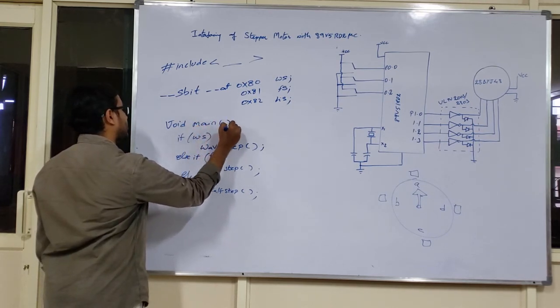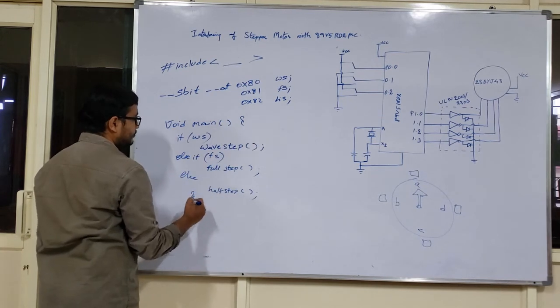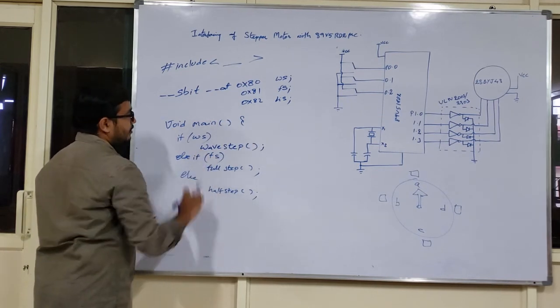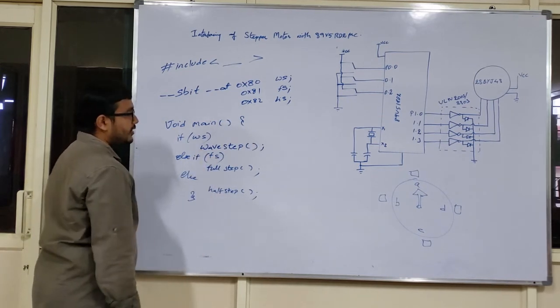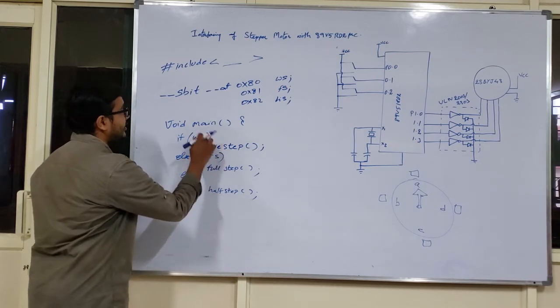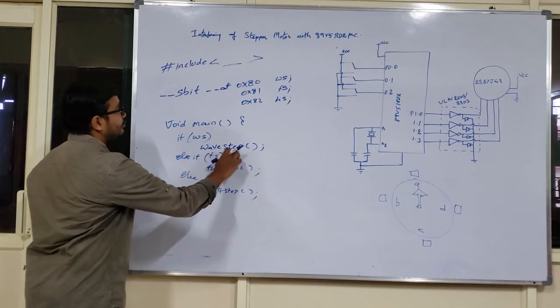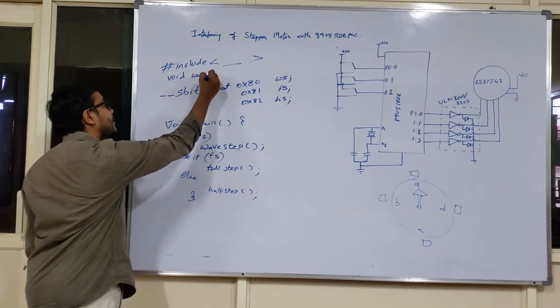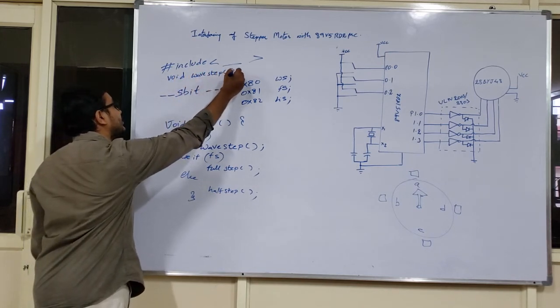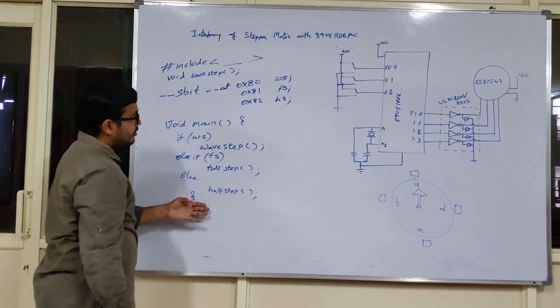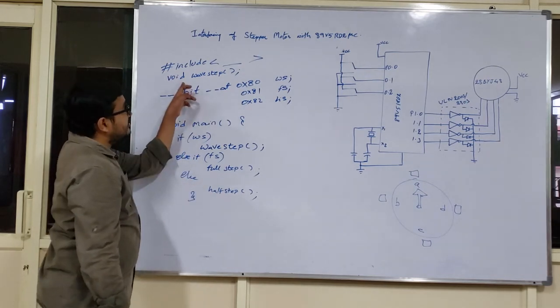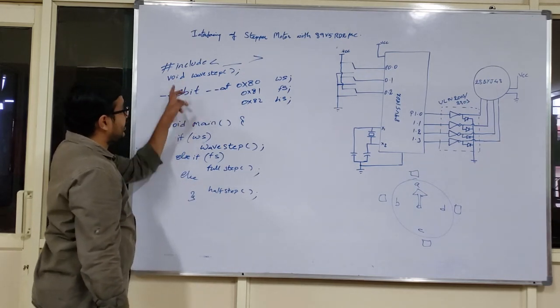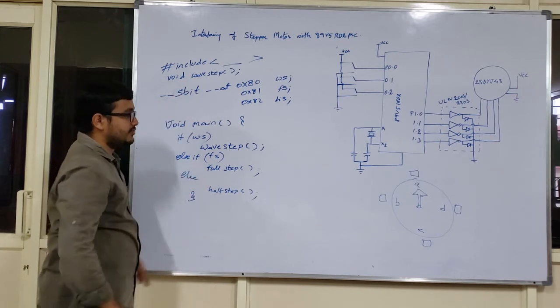This is void main, open the braces and close the braces. Now once you have called the functions, definitely the function declarations have to be present here. The 3 function calls I have used here need 3 function declarations, like void wave step, void full step and void half step.